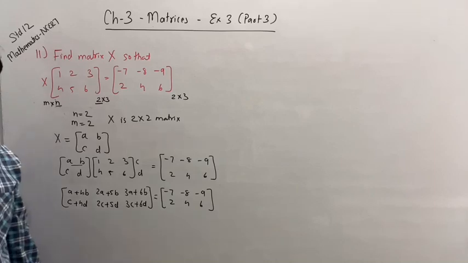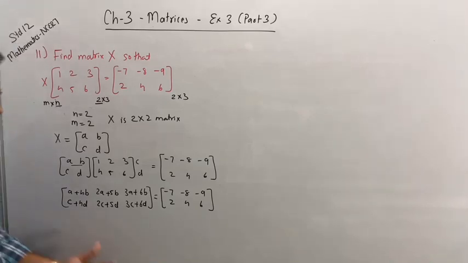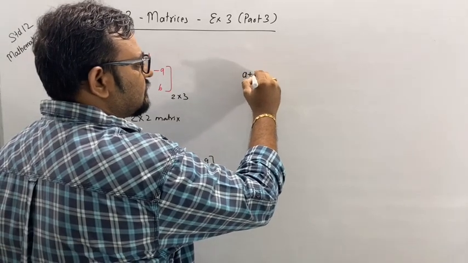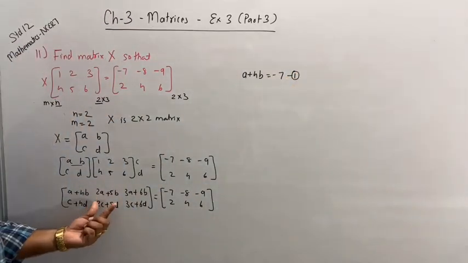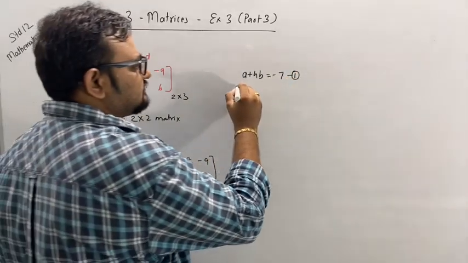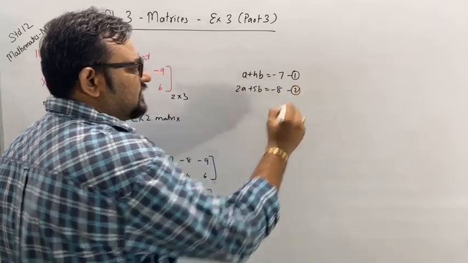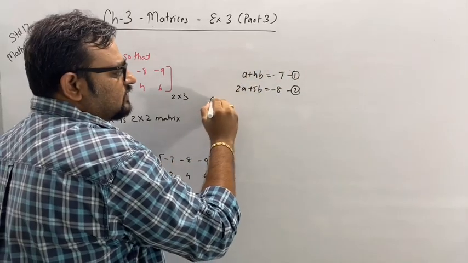Now two matrices are equal if and only if the corresponding elements are the same. So A plus 4B equal to minus 7. Let's name it 1. And 2A plus 5B equal to minus 8. Let's name it 2. So now let's multiply 1 with 2.